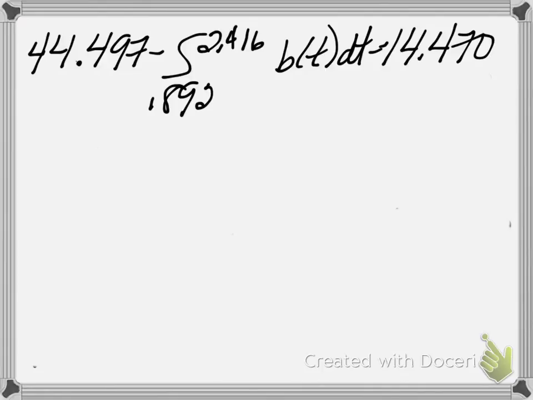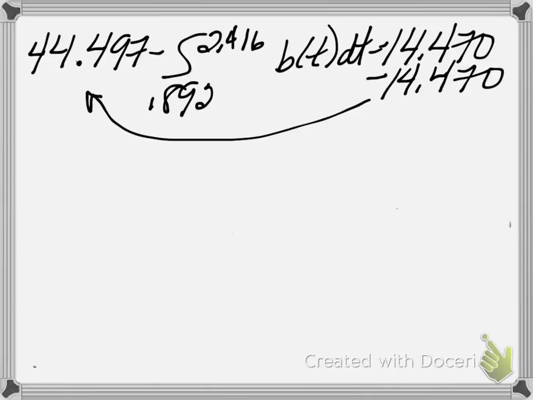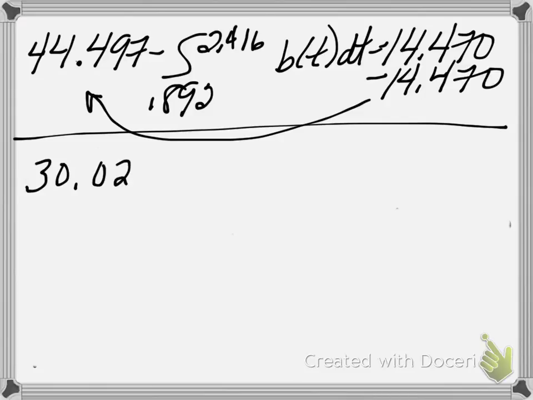Okay, so I have all that. If I subtract this 14.470 and bring it to the other side, I will do 44.497 minus the 14.470, and I'm going to get 30.027 minus this.